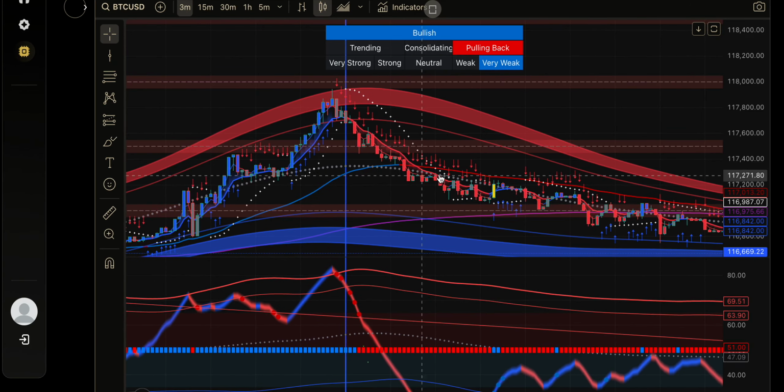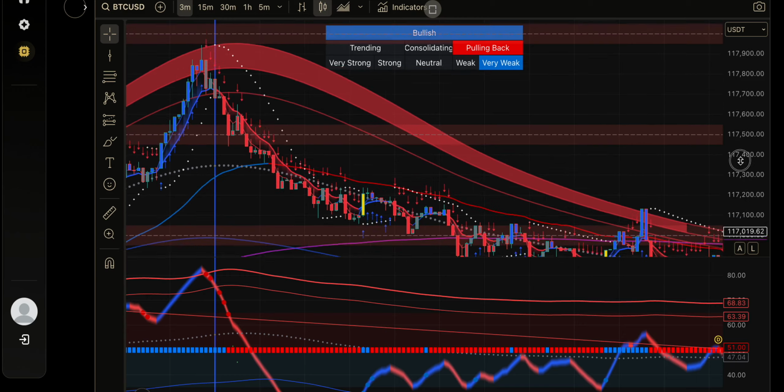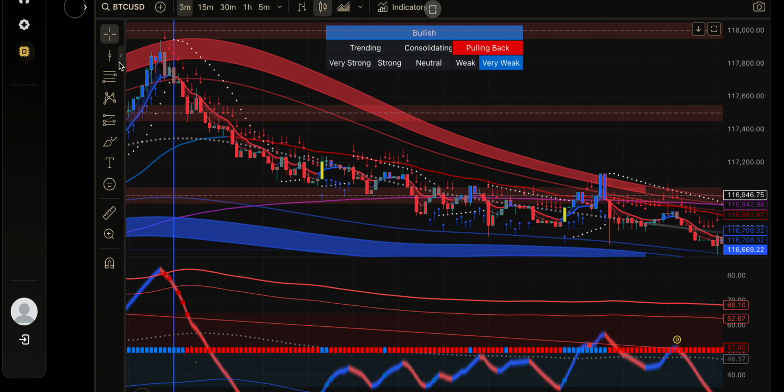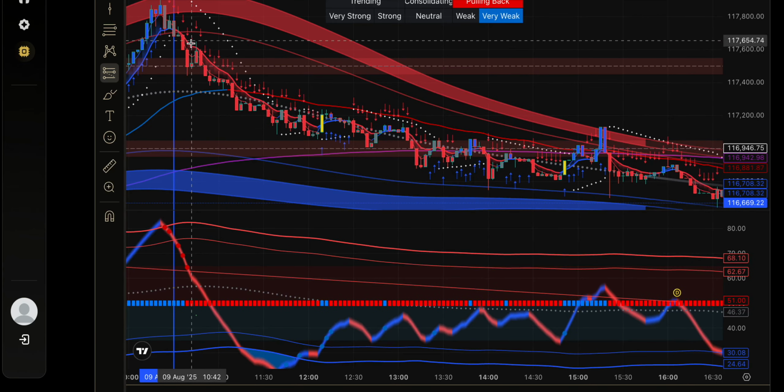So when you do that, what you're looking for is a 1 to 2 risk to reward ratio. 1 to 2. But you can go as much as 1 to 3, depending on what you feel like, right? So 1 to 2, 1 to 3. That's all you need. So if I do a short position now and I enter from here, you're gonna see it now.